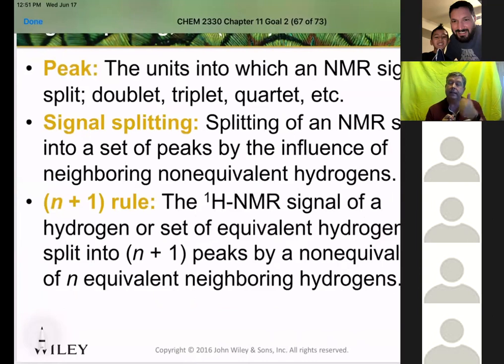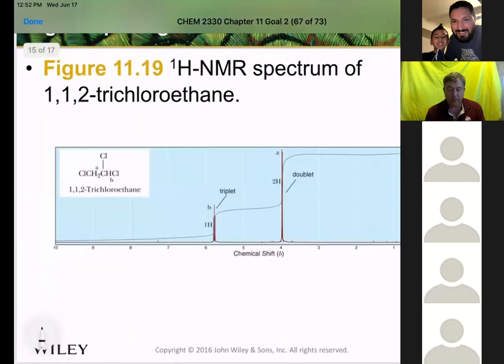And then the 1 is the actual peak you get from those hydrogens, okay? So when we split, if you have no hydrogens next to the hydrogen you're looking at, it will have a single peak. If you have a set of non-equivalent hydrogen nearby, it's going to split it that number of times, okay? So now that we know this rule, let's apply this rule, okay?